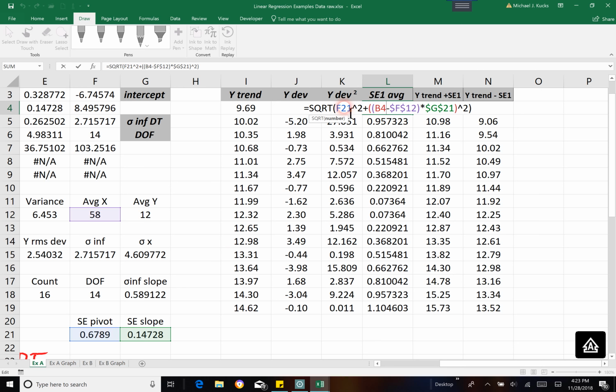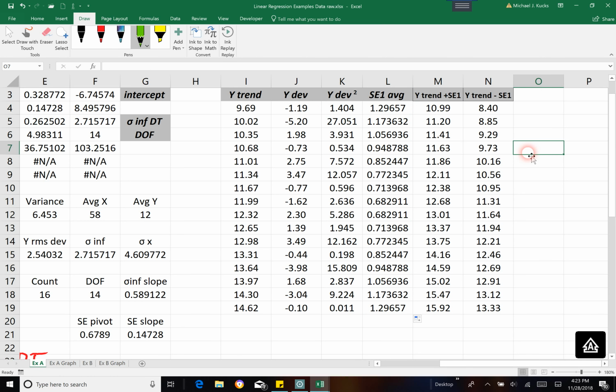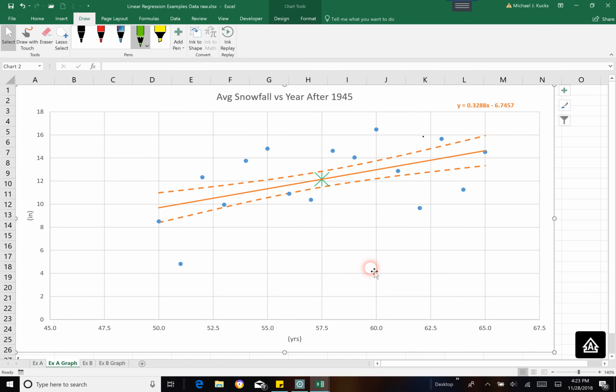Oh, I see what I did wrong here. This has to be an absolute cell address. I did not make that an absolute cell address. And then I've got to put that down. There we go. That's better. Okay.